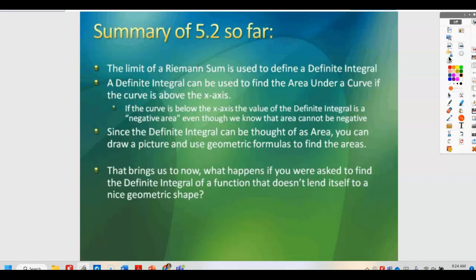So 5.1, 5.2, and 5.3 are really closely related. In 5.3, we actually learn the power rule in reverse. The easiest derivative was the power rule. We're going to learn the power rule in reverse for integration. And we'll talk about that next week when everybody comes back on Tuesday.